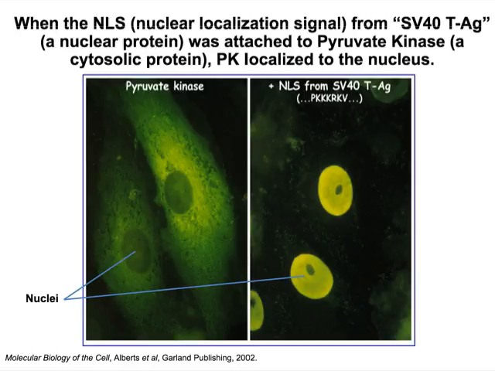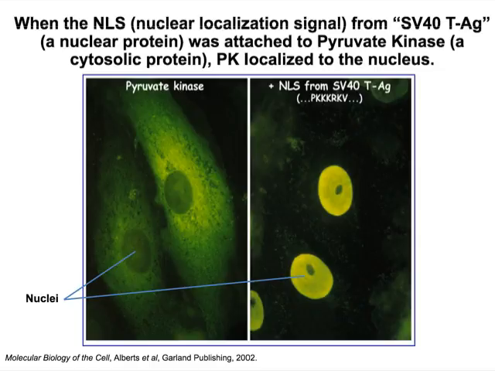So here's an example where pyruvate kinase, we're looking at cells here, so this is immunofluorescence where we have made this protein glow green so that we can see it inside of living cells. And the pyruvate kinase, normally when we do that, is filling up the whole cell here. It's sort of excluded from the nucleus, but it's found all over the cell, and this makes sense because this is a cytoplasmic protein that has a function in the cytoplasm.